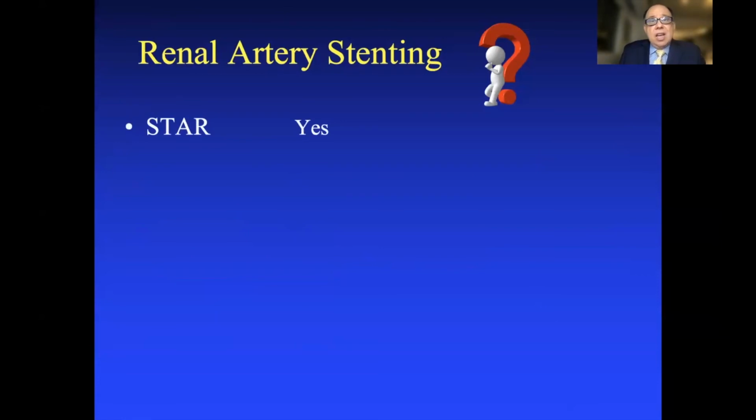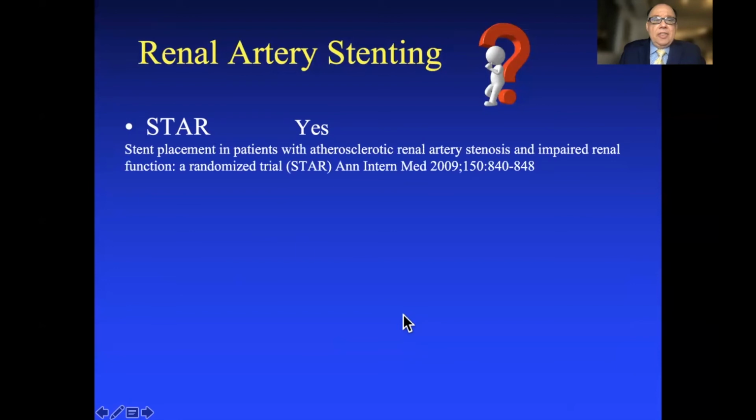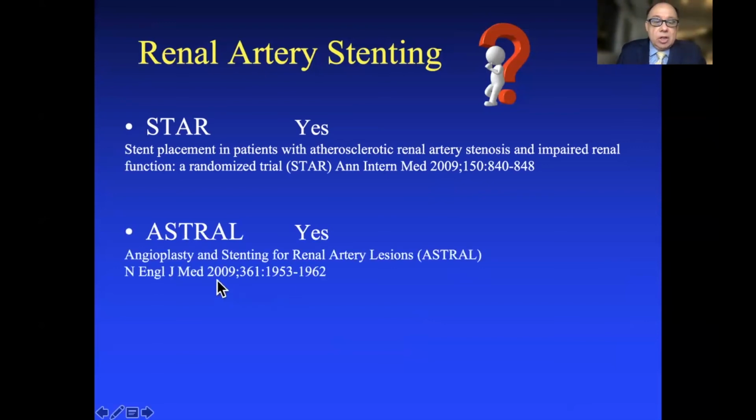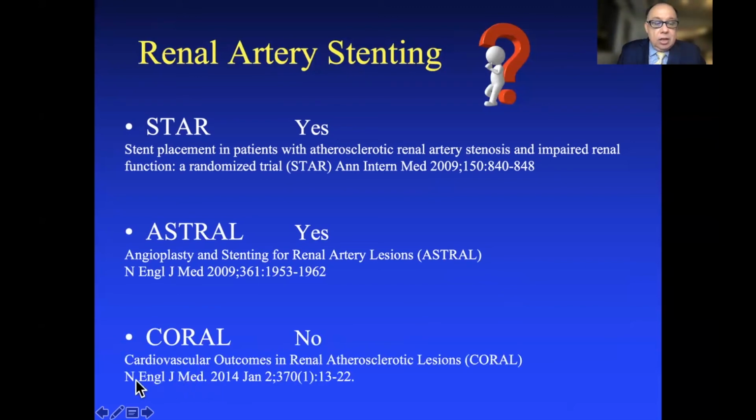In the past, the STAR study said yes, and this study was published in 2009. Also, the ASTRAL study said yes, also published in 2009. But the CORAL study said no, and it was published in the New England Journal of Medicine in 2014.